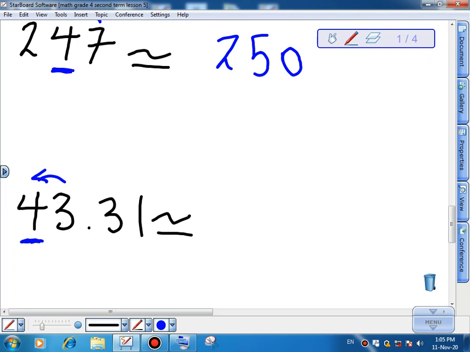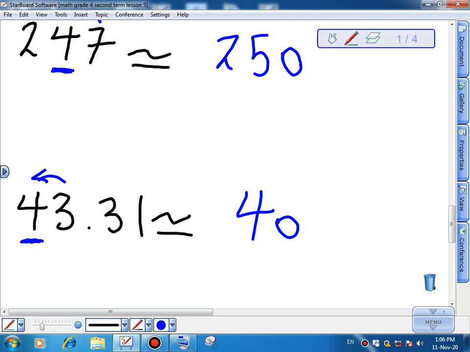Is 3 a weak or strong number? 3 is a weak number. So if I hear a weak number, it never increases. Don't do anything to the tens place. Okay? So 4 will be 4, it will never change. And 3 will go and leave 0. Replace 3, the units place, by 0.